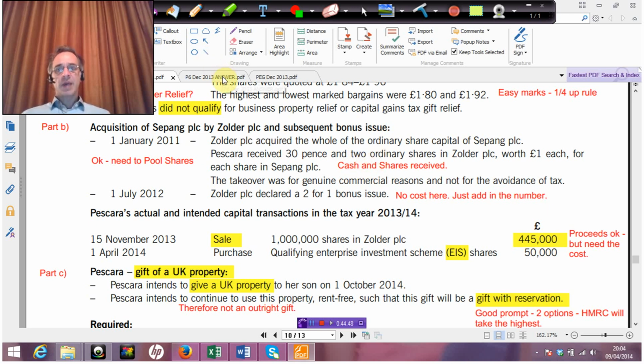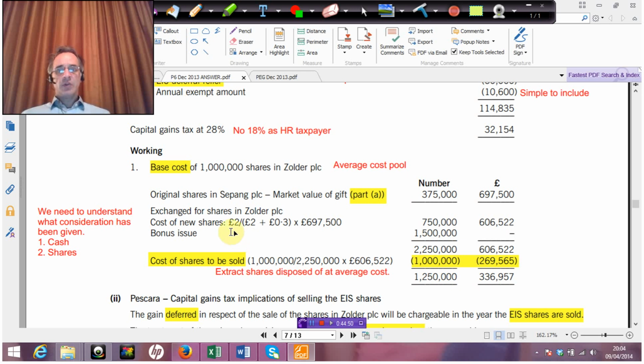If we go back to the share pool itself, what you'll see is that we've got, in effect, new shares coming in with a value. She's getting some additional value, as it were. What we're required to do is bring in the shares and adjust for this 30p worth of cash.